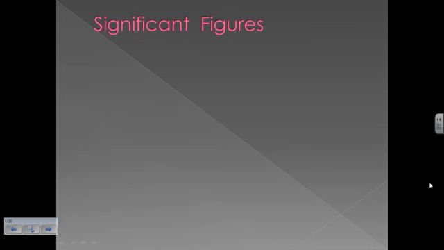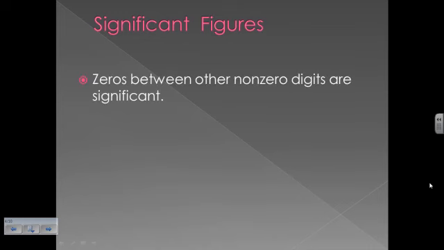Significant figures play a role in any type of measurements. The rules for significant figures can be confusing, but if you understand how to count the zeros, it makes a big difference. For instance, zeros between other non-zero digits are significant. In the number 606, there are 3 significant digits.